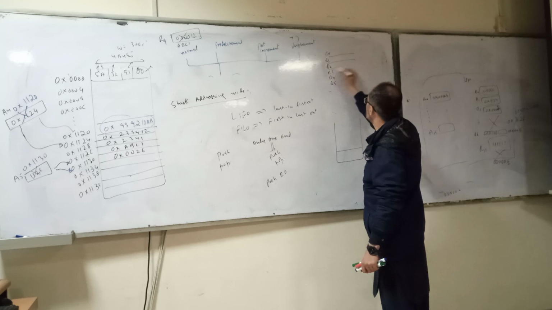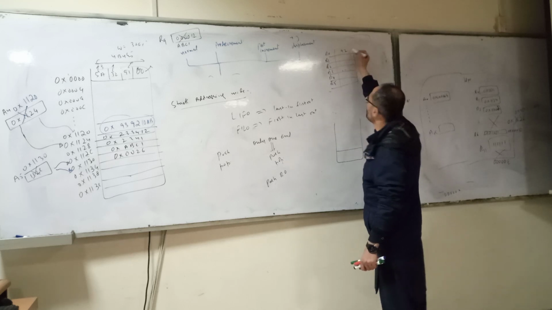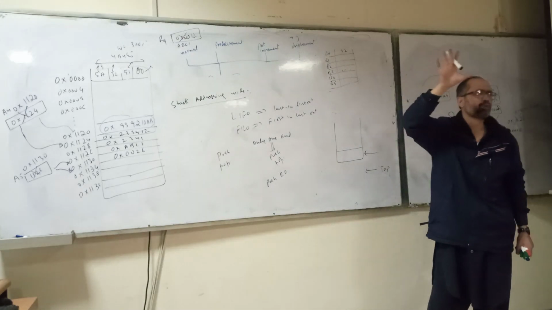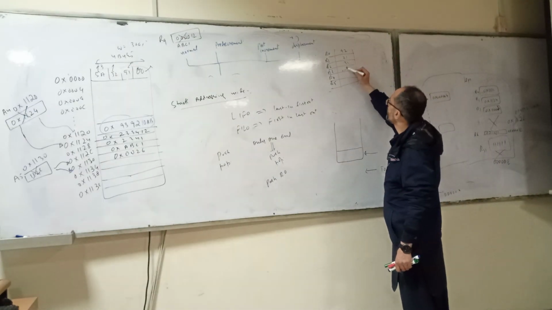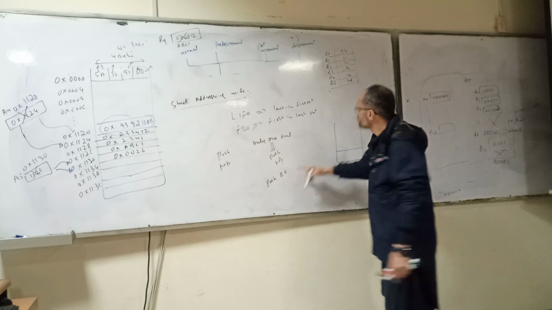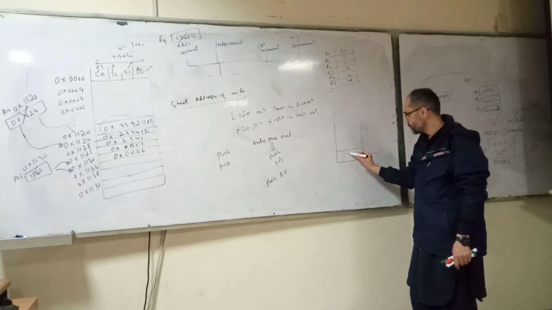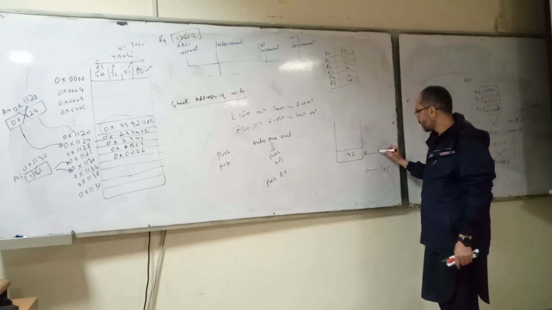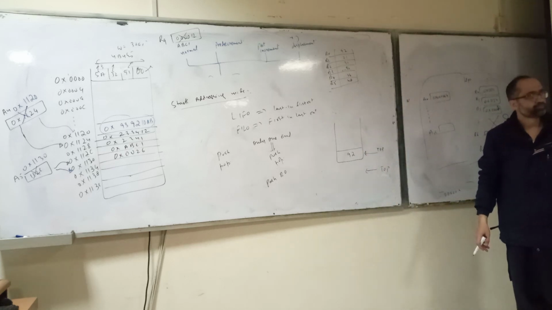For the sake of simplicity, I am taking small values: 2, 1, 3, 2, 9, 6, 3, 1, 3, 6, 4, 8. Now push R0: we are moving the contents of R0 to the stack, and now top is pointing to this value.